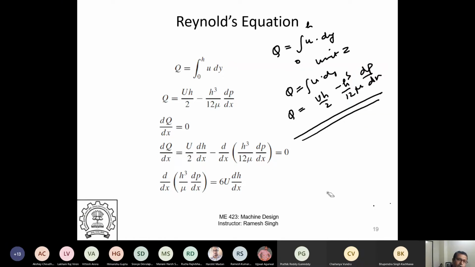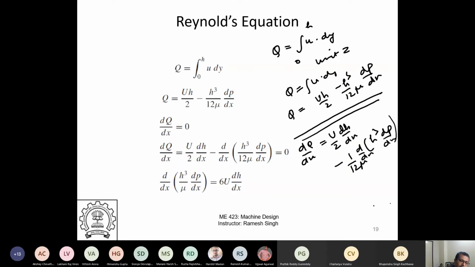Very good. So now I know that this is my equation, and taking dQ/dx, what will I get? I'll get U over 2 dh/dx and 1 over 12 mu d/dx of h cube dp/dx.